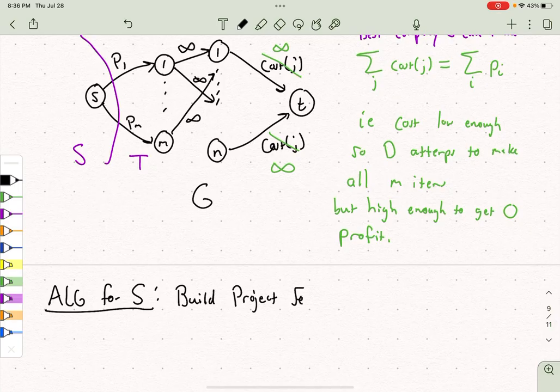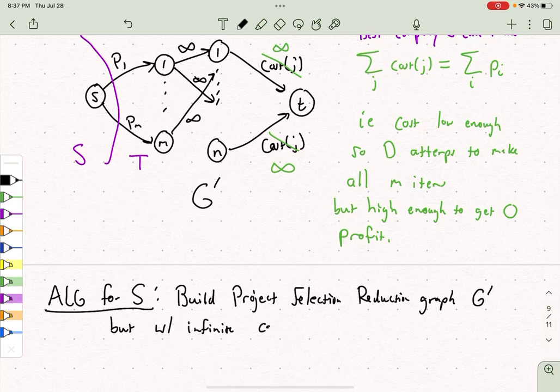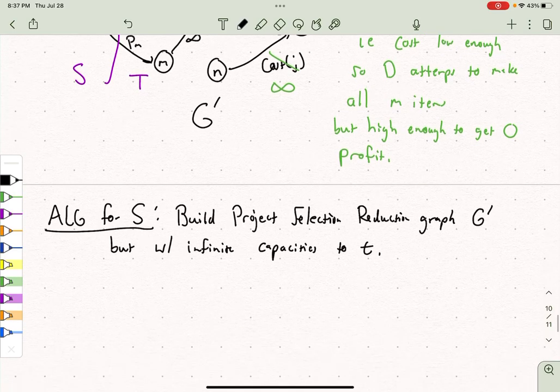I'll just call this G prime, but with the infinite capacities. So we build that, and then we just run max flow.